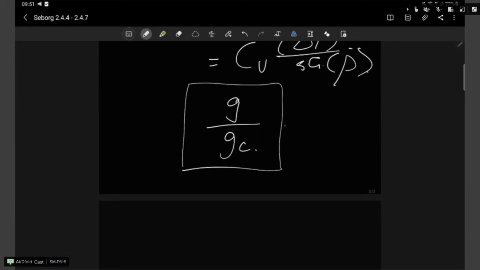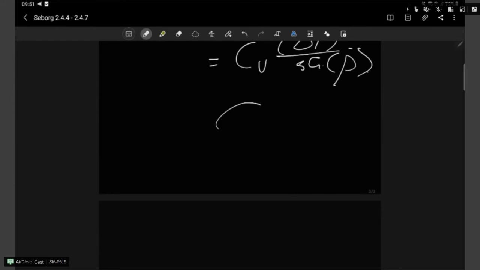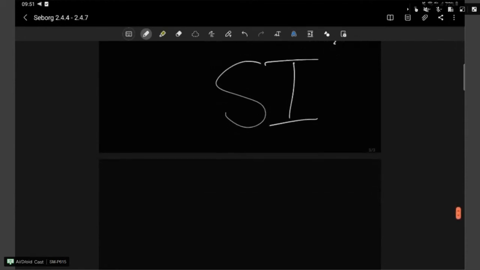In that instance, we also use this GC. For us South Africans who use the SI unit system, you will not be faced with that GC. Don't worry about it in your tests and exams. Don't include it because it's incorporated in our unit system.